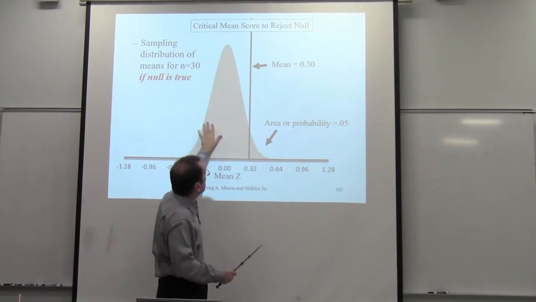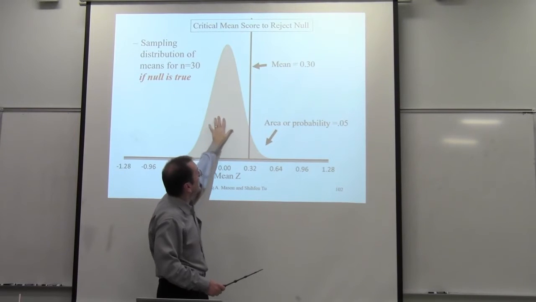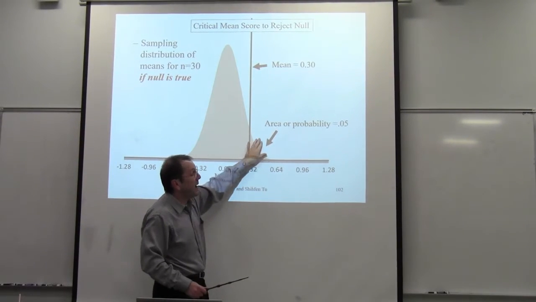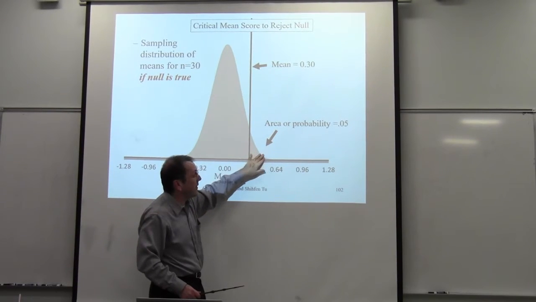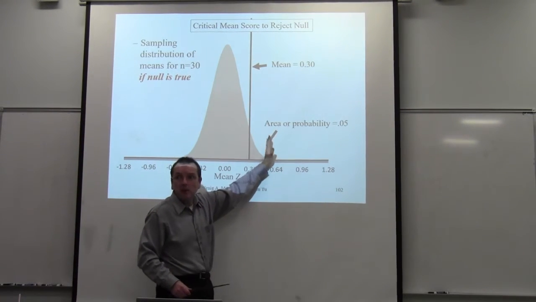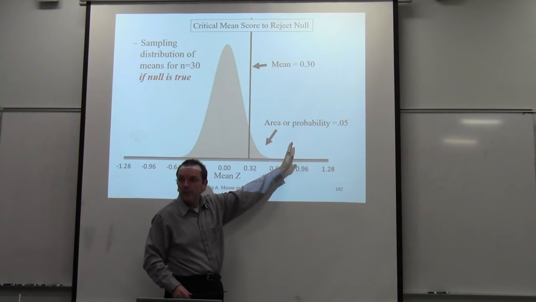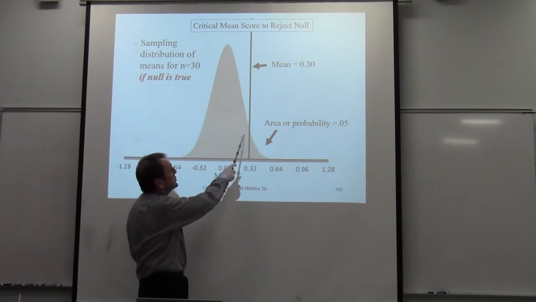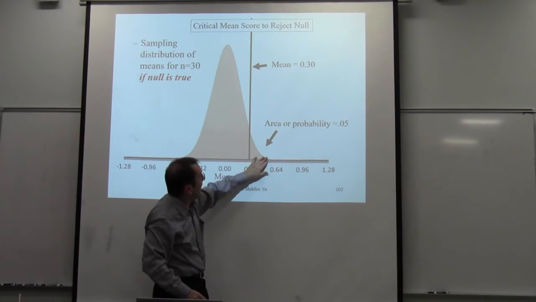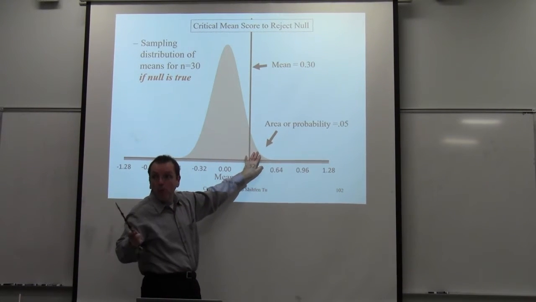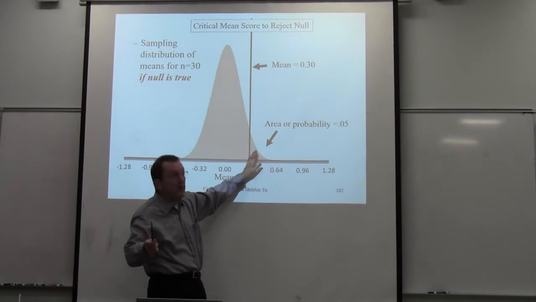And what this means is I'm looking at this distribution, and if my alpha is 0.05, I only want to reject the null if I get a score somewhere way out here. Based on the distribution, we know we want that area to be 0.05, equal to our alpha level.